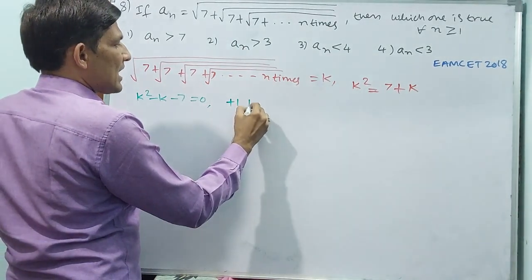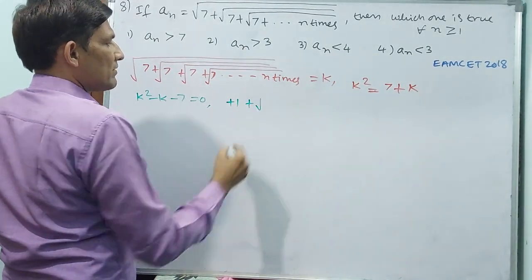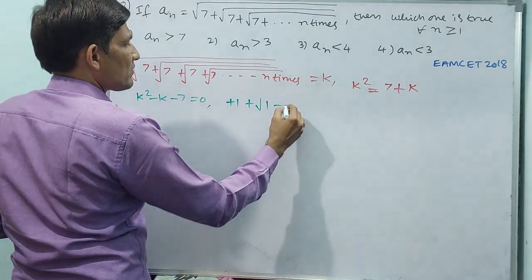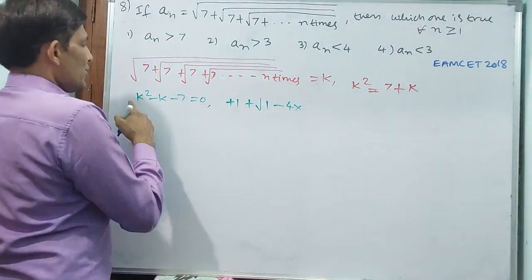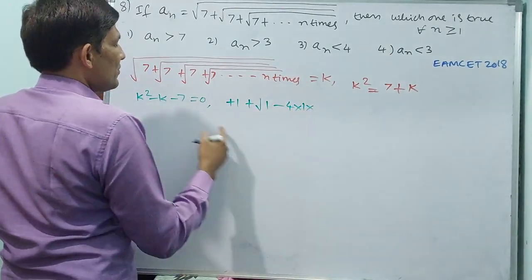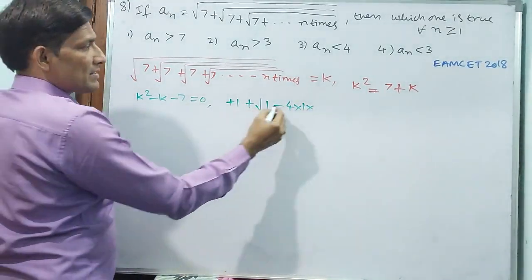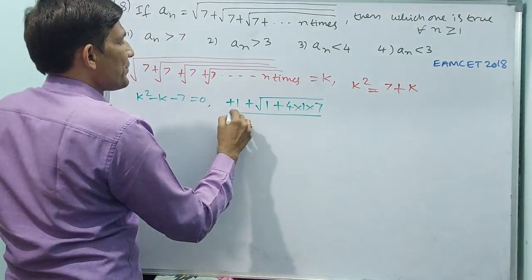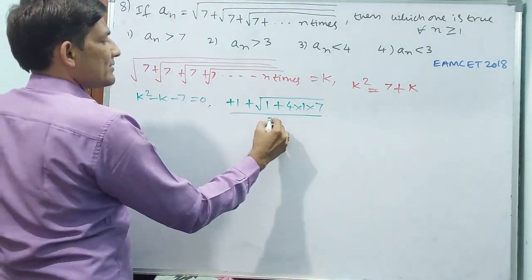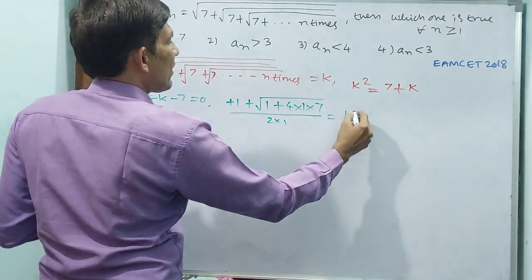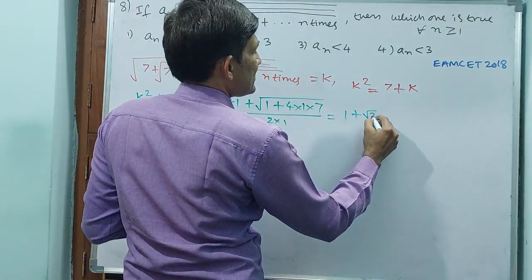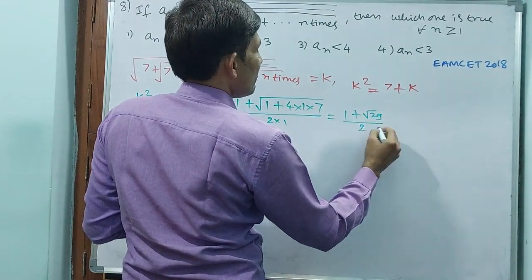Plus or minus is there, I will take plus only. Square root of b square, 1 square, minus 4 into a, which is 1, into c, which is minus 7. Minus 7 means you make it plus, by 2a, 2 into 1. That is equal to 1 plus 28, so 1 plus root 29 by 2.